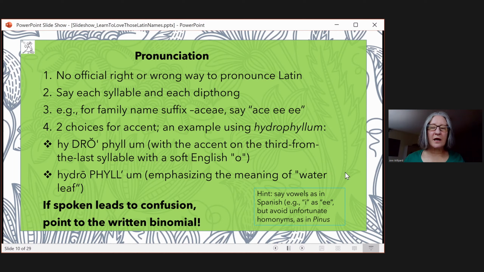There's a little hint here, and again, I'm sorry, but I studied the pines for my research, so this kind of came up as a joke in conversation. You actually should pronounce the I as a long E. Normally you would pronounce it the other way in most words, but European speakers want to avoid unfortunate homonyms.